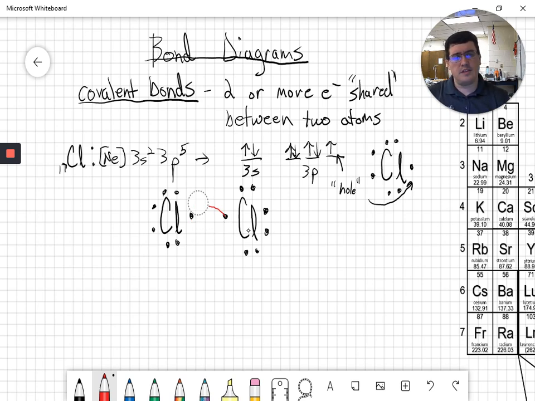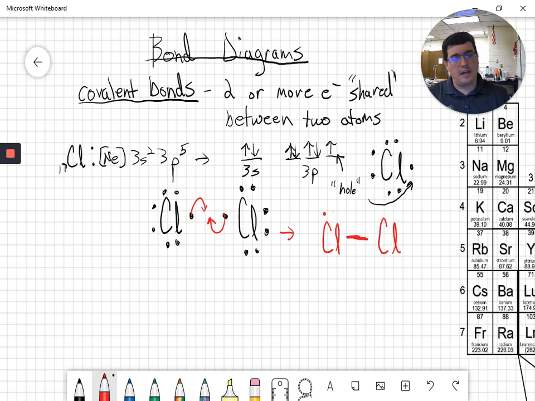Well, what we do is instead of saying that they give electrons to each other, this one's going to share its electron, and this one's going to share its electron. And what we're going to see then is they are going to form a covalent bond. And I draw my covalent bonds like this, okay?